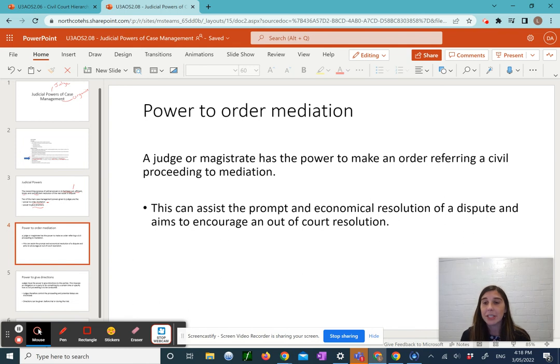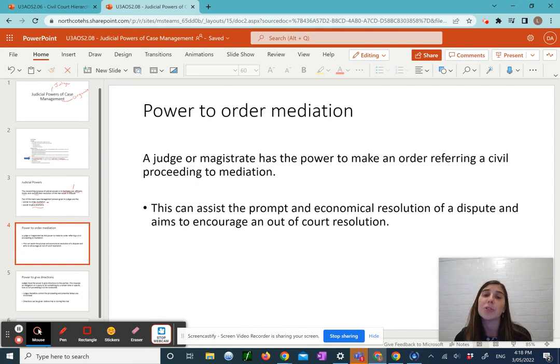Basically, the idea is that we should always be resolving a civil case in a prompt manner, a quick manner, an efficient manner. Okay, so one of the powers that a judge has is the power to refer people to mediation rather than going through a full court trial. The judge nearly always is encouraged to ensure that people are trying other dispute resolution methods before you actually go to a full trial.